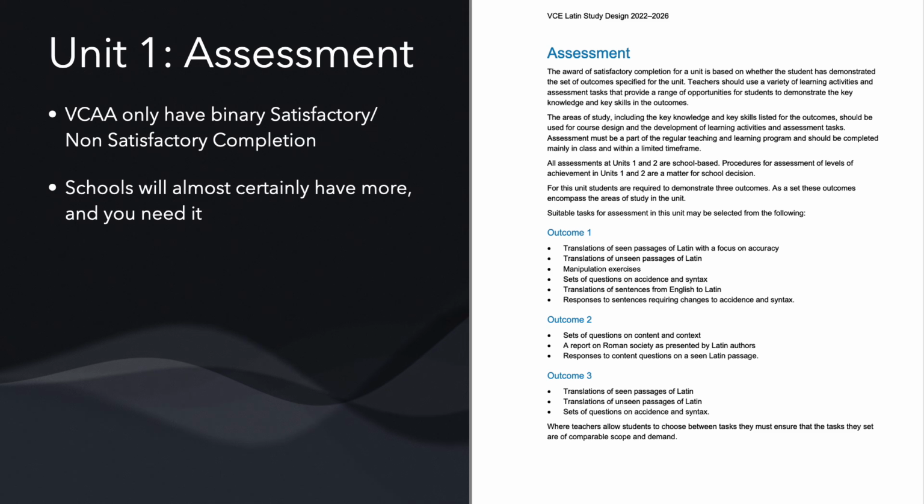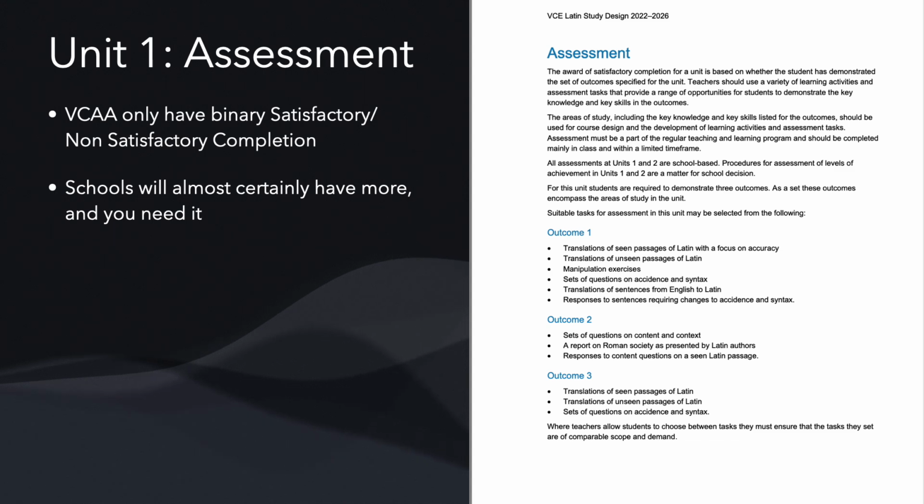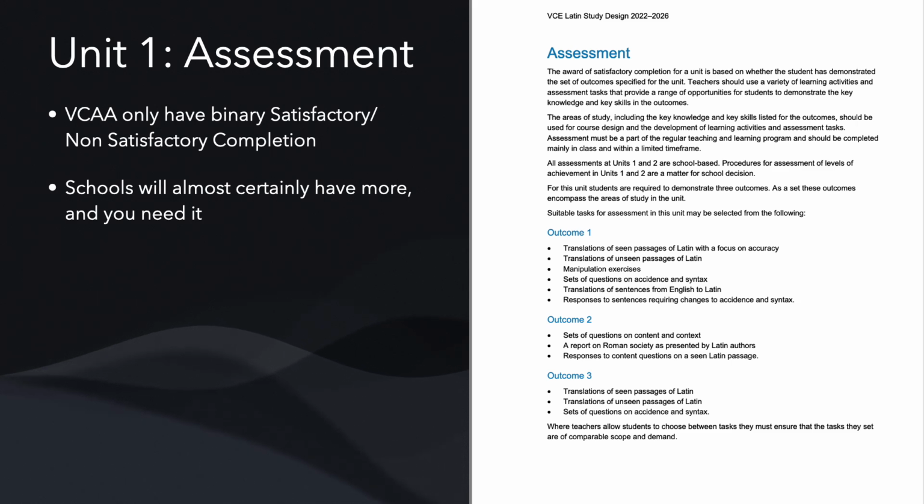Now, your schools will almost certainly have much more that's required for assessment, and I think you need it. The satisfactory, non-satisfactory completion says, yep, in your Latin journey, you're on the road you're meant to be on. But no indication of whereabouts you are, how far you've progressed, what you've got to go to next. And that's the information which you need to have. So expect your schools to overlay their own assessment for Units 1 and 2 on top of this.